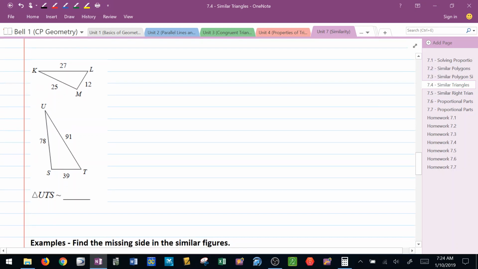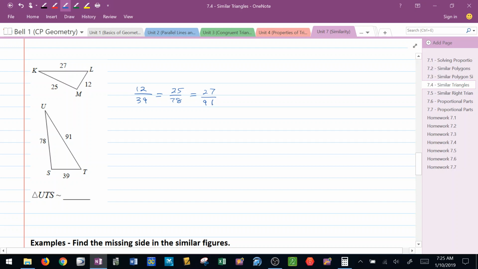Let's try one more here. All right, I'm thinking side, side, side. Okay, I'm going to start with the smallest. I have 12 over 39. That has to equal the second largest, 25 over 78. And the largest is 27 over 91.